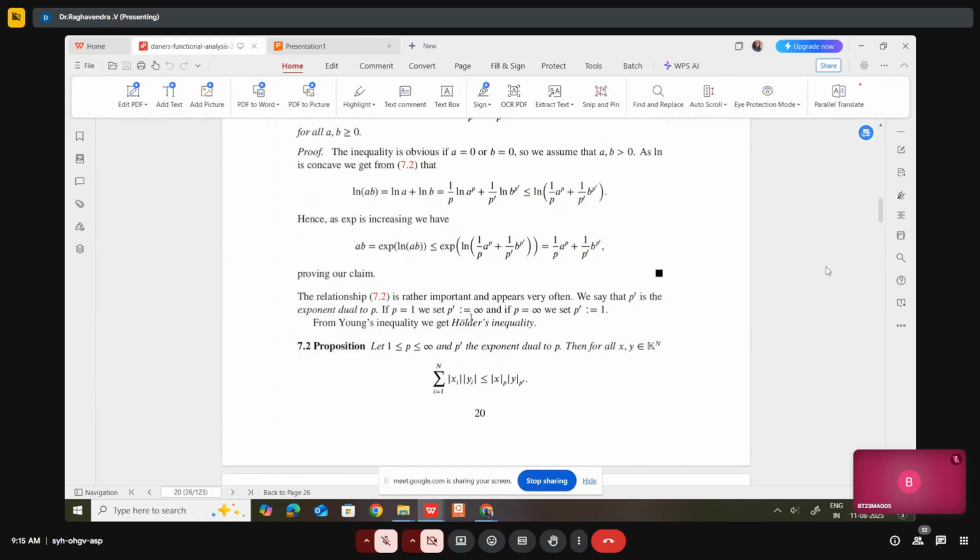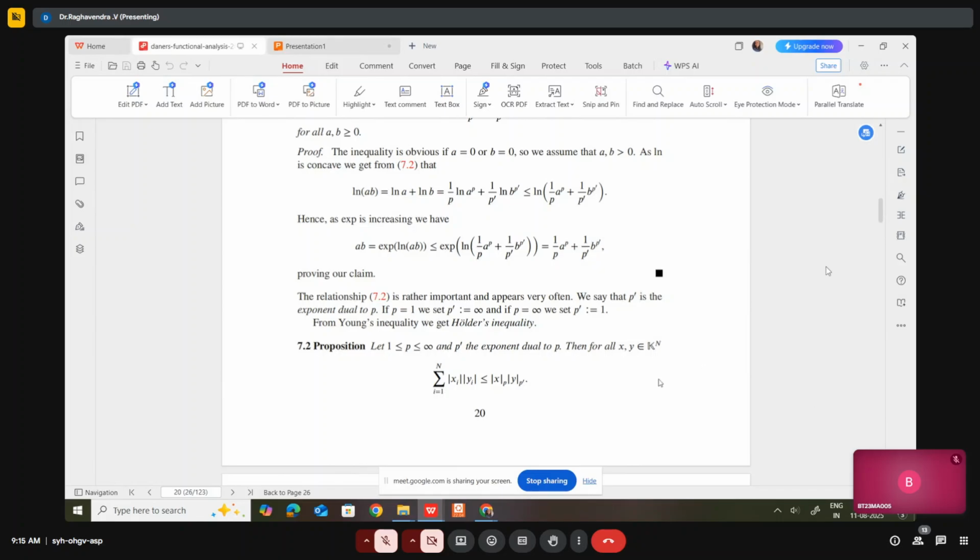The condition is that 1 over p plus 1 over p prime equals 1. That is, p and p prime are conjugate exponents. So the idea is to introduce a norm onto these L^p spaces.